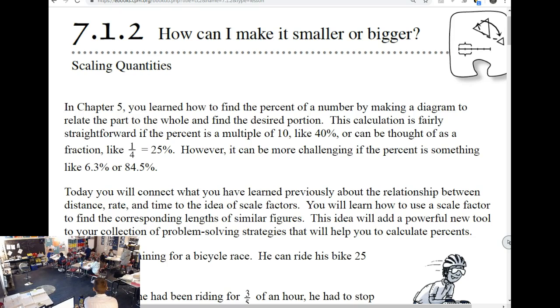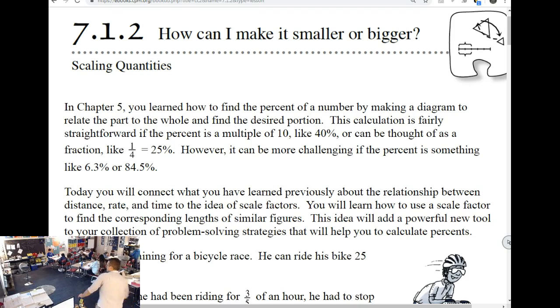All right, guys, so in Chapter 5, which we skipped, but we did Chapter 5 stuff in the Math 8 book, in CC3, we learned how to find the percent of a number by making a diagram to relate part to whole. If you remember these diagrams, we would sometimes use the hundredths grid, or we'd make our own and say, this is the entire thing. What is approximately 50% or 60%? Different ways we can model that, right?